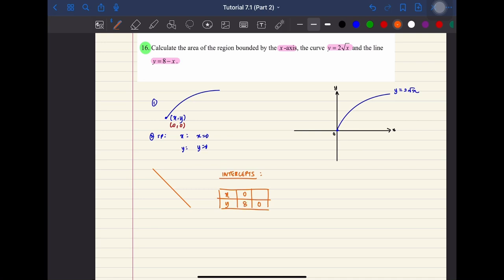So plot 0, 8 roughly like this. And when y is 0, 0 equals 8 minus x, so x is also equal to 8. So plot 8, 0 roughly here. So this is the shape.